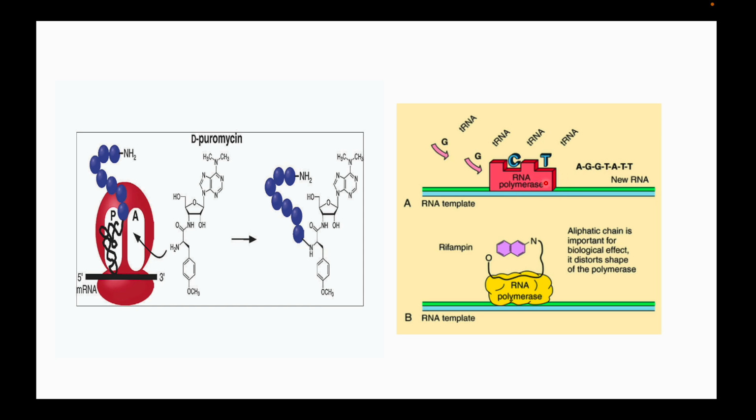It is adding new RNA. And what happens with rifampicin? Rifampicin has an aliphatic chain which distorts the shape of the RNA polymerase. Essentially it is affecting the RNA polymerase, right? It is inhibiting the RNA polymerase directly, and it is not allowing RNA dependent RNA polymerase activity, right? So we won't have any new RNA.